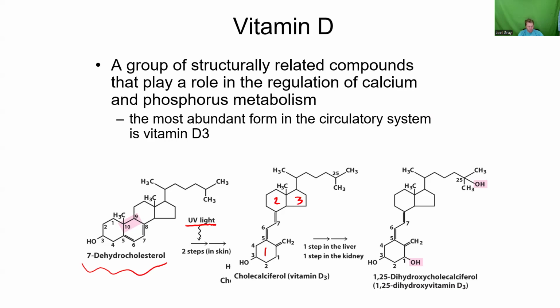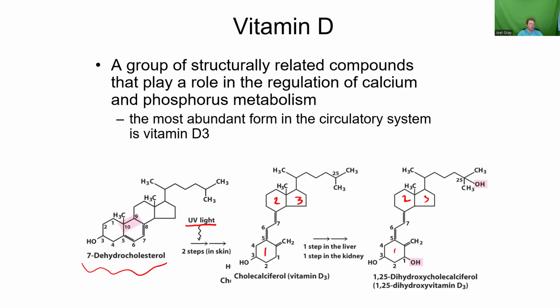Then there's another processing of this that still leads to a one, two, three ring structure. So the way I want you to think about vitamin D is that it starts out with four rings, zapped with UV light, and you're left with three rings. Those three rings are going to lead to the formation of unique and new compounds. Those new compounds are going to give you something that is then functional.